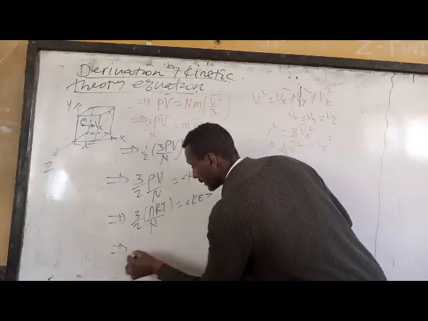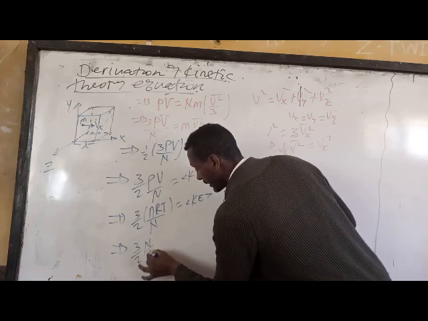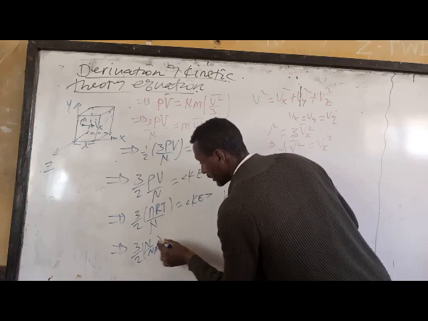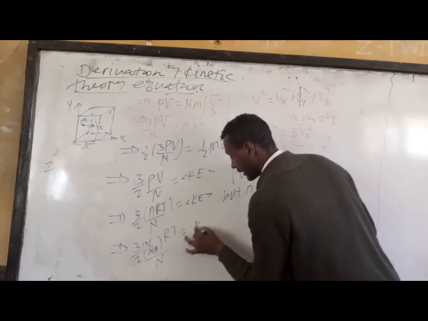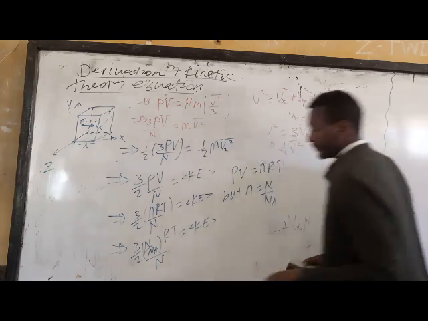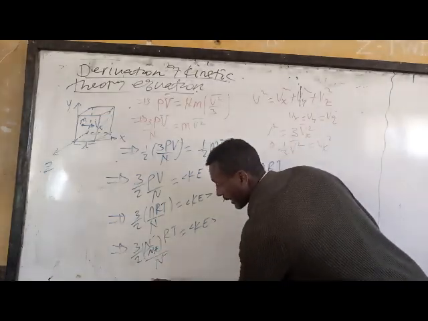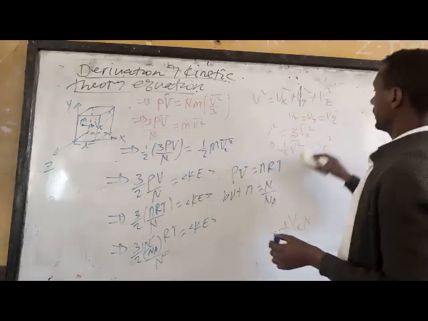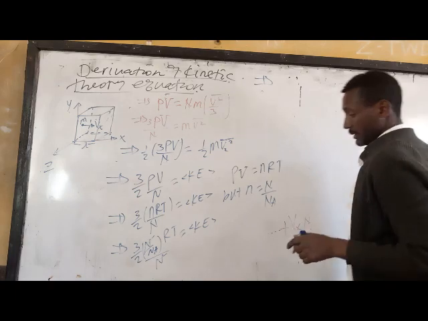This implies 3 over 2 N over NA times RT over N is equal to kinetic energy average. Okay, let's cancel N by N.